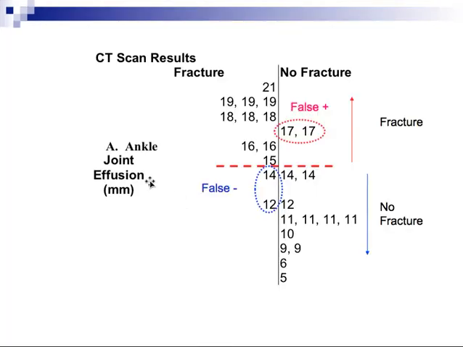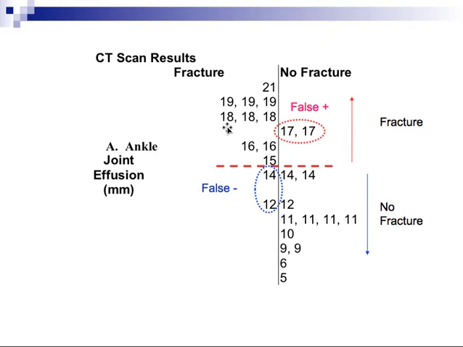Okay, so let's look here again at different ways we can create cutoff values for determining a diagnosis. And in this case, we're applying it to ankle fractures. What we can see here is, let's assume that we have some measure of swelling that's continuous.